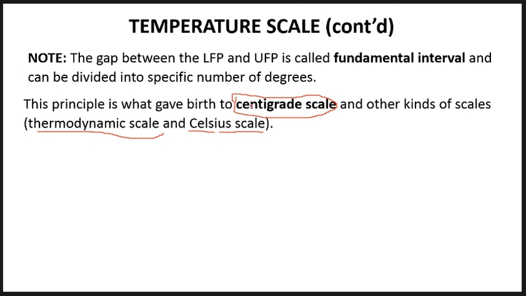Now the centigrade scale is almost the same as the essential scale, but I'm going to buttress this later in the course of this lesson. So let's just take the fact that the centigrade scale is obtained from the principle of the lower fixed point and the upper fixed point, and also dividing the fundamental interval.